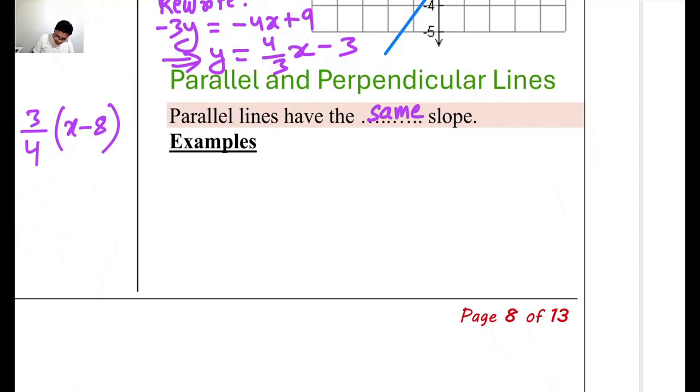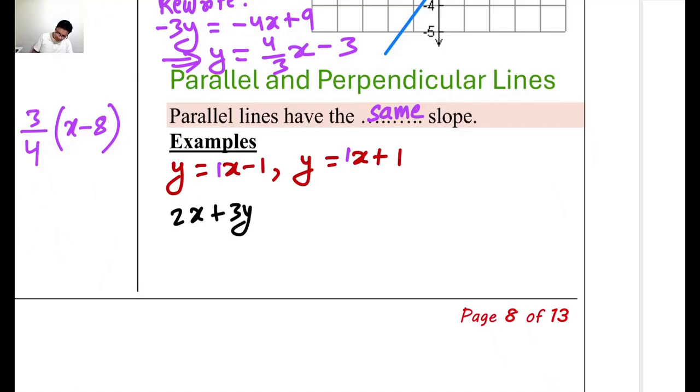For example, your lines could be y equals x minus 1 and y equals x plus 1. Both of them have the same slope 1. Or you could identify them in the standard form, if it was 2x plus 3y equals 7 and 2x plus 3y equals minus. Doesn't always have to be positive and negative.